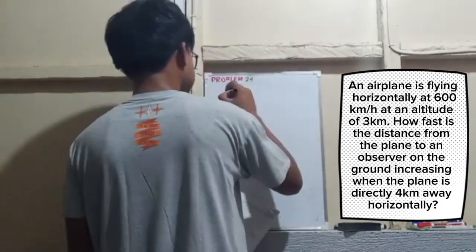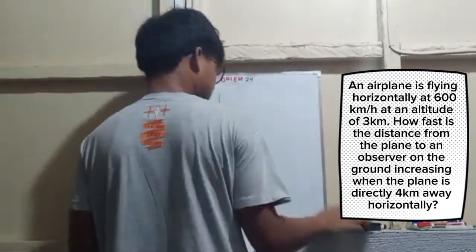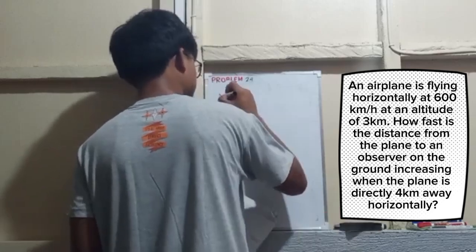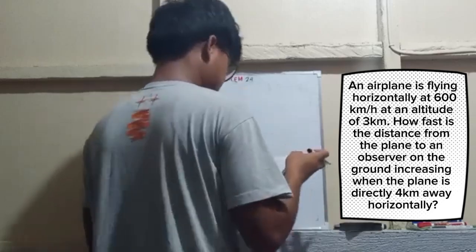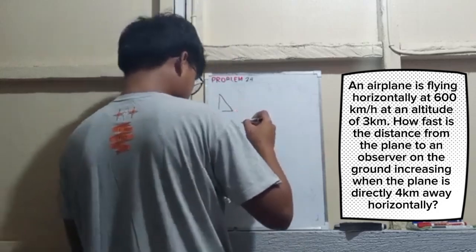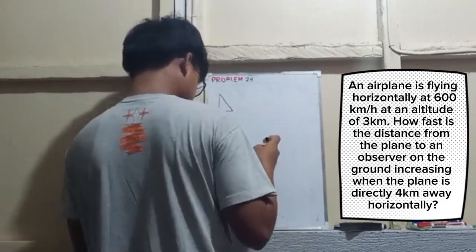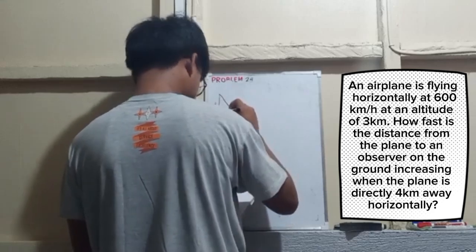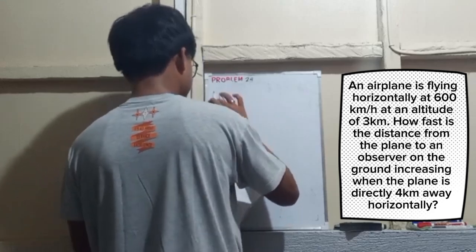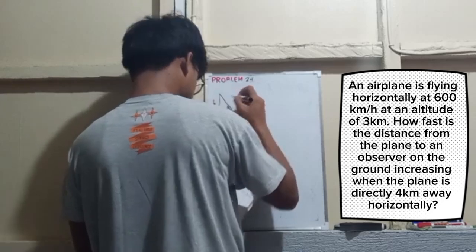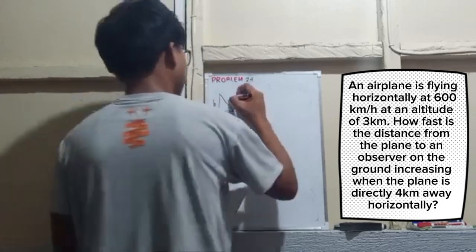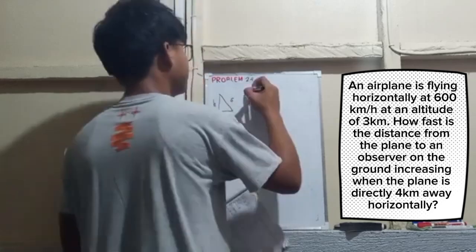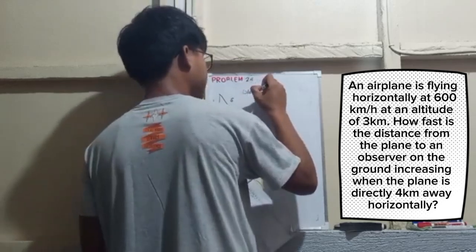So we'll draw a right triangle based on the problem. So we'll have the airplane as y, and our x, or y or h, and our hypotenuse is equal to s. So we'll determine the given in the problem.